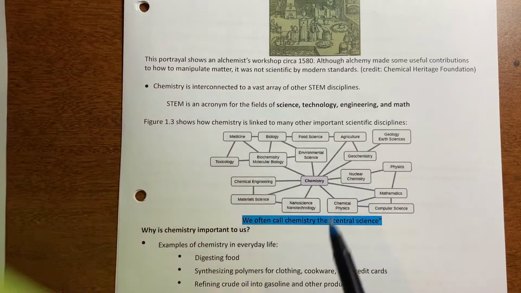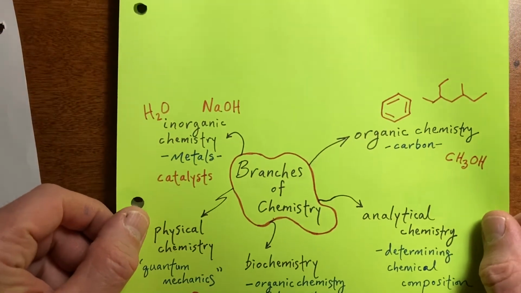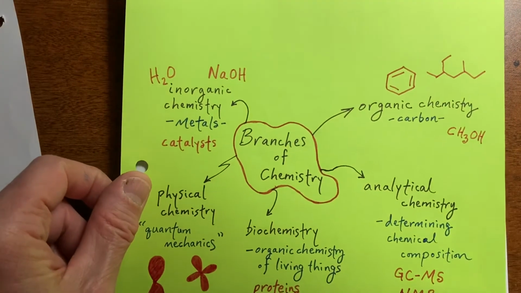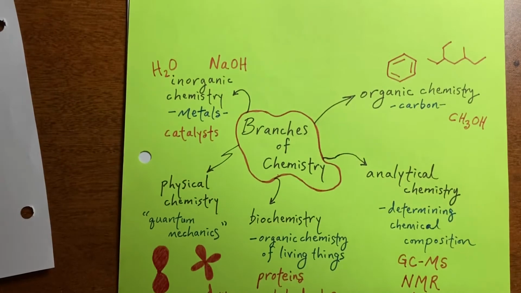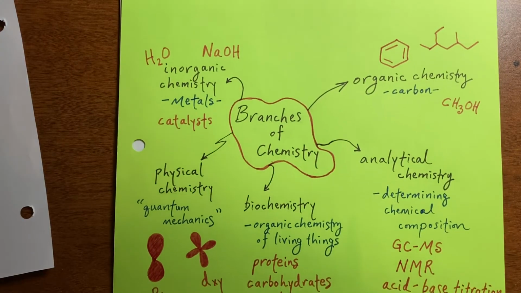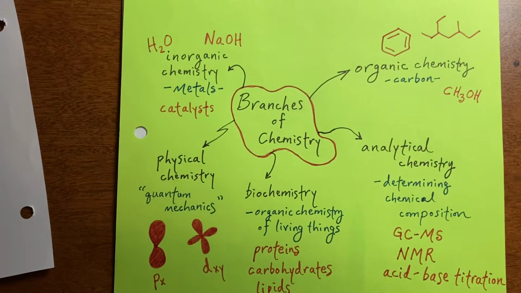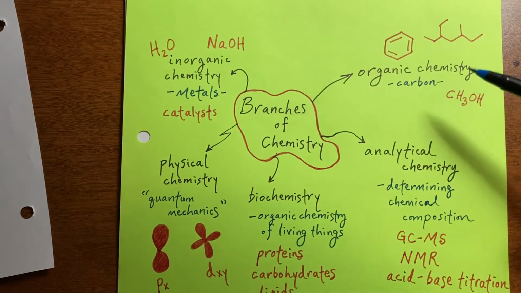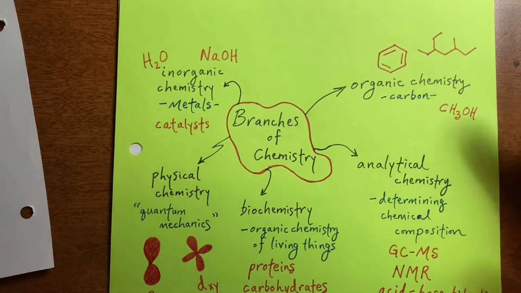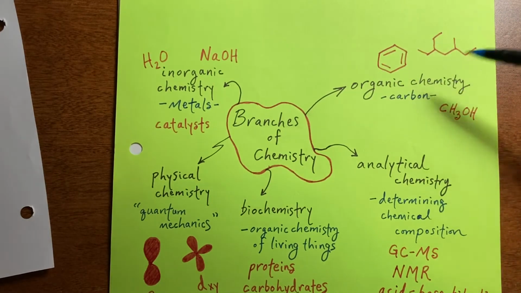Now, within chemistry, I made this little chart just to show you how complicated this can get. There's branches within chemistry. It just isn't one science called chemistry. That really goes for any science, physics, biology. But in chemistry, we have what I studied in college, organic chemistry, which is the chemistry of carbon. So by the end of the course, you'll understand what these funny looking drawings really are.